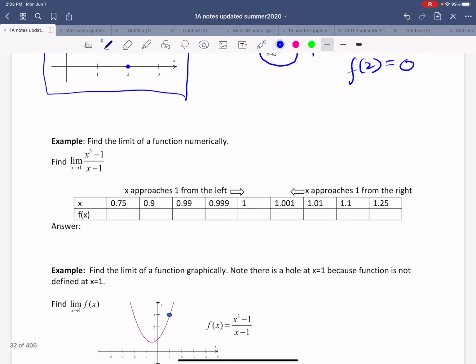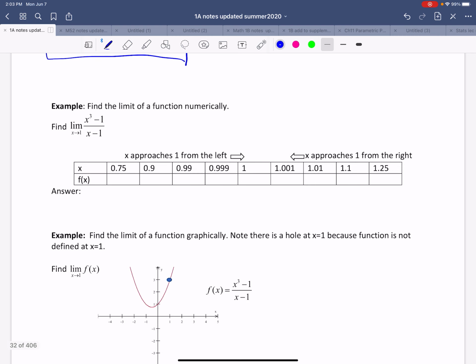Okay, next example, find the limit of the function numerically. Numerically is when we can create a table. We can create a table coming from the left hand side and the right hand side of a particular number, and use a calculator to estimate what y value we're getting really close to. For example, in this next limit, x approaches 1, x cubed minus 1 over x minus 1.